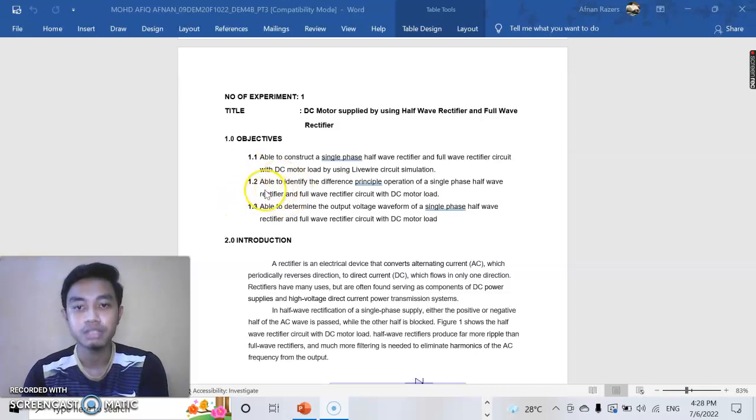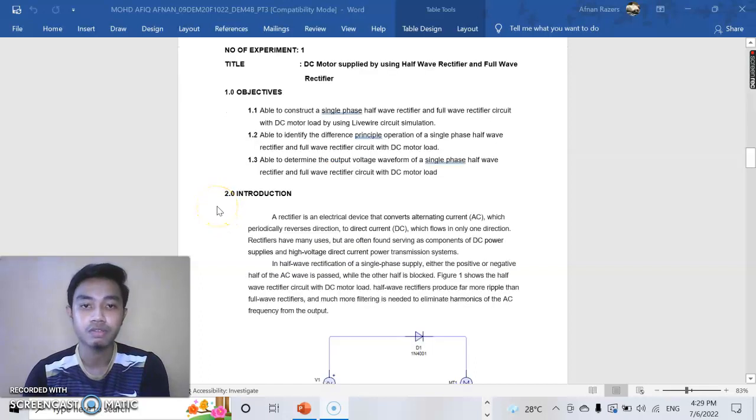Secondly, to be able to identify the difference in principal operation of a single phase half wave rectifier and full wave rectifier with DC motor load. And thirdly, to be able to determine the output voltage waveform of a single phase half wave rectifier and full wave rectifier circuit with DC motor load.